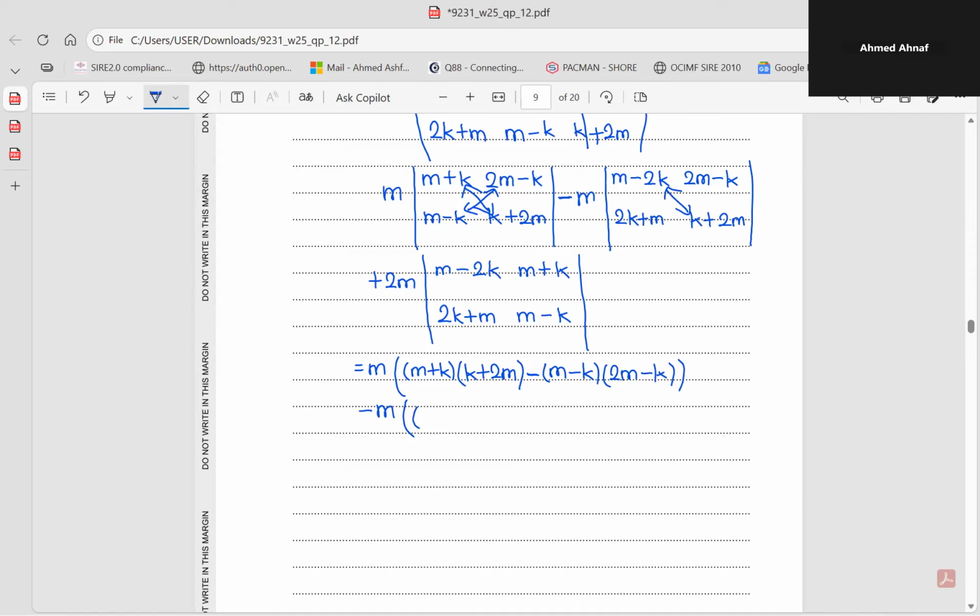So m minus 2k times k plus 2m, minus these two, 2m minus k times 2k plus m, and then plus 2m times these two.